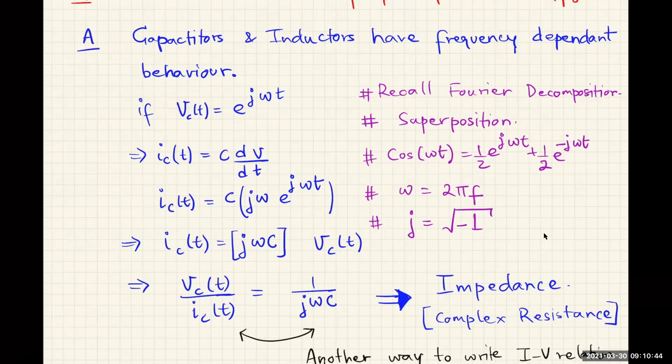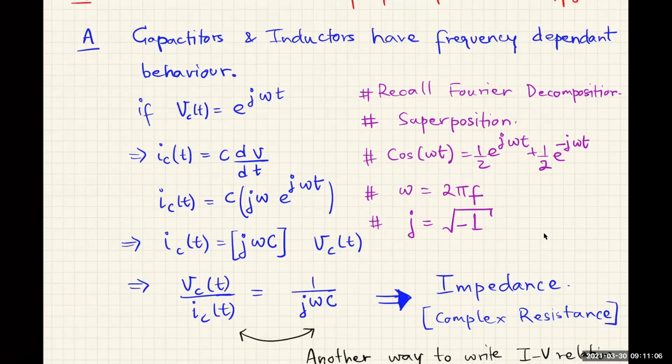And perform the analysis for each Fourier component of the input signal, and then reconstruct the output using superposition, right? So simply add all of the outputs. And that way we can get the output of the circuit due to any arbitrary input to the circuit.